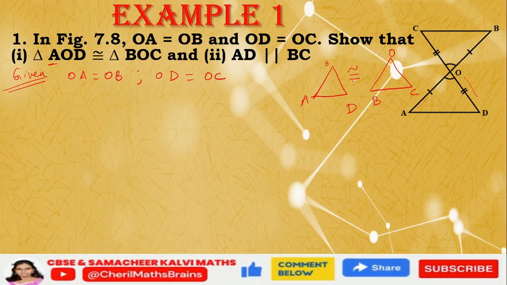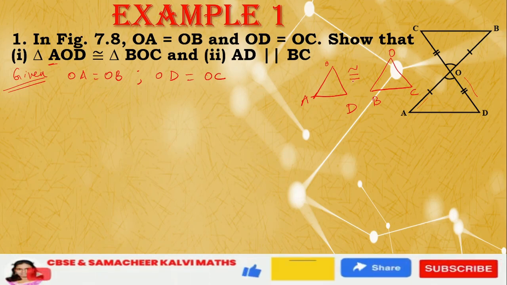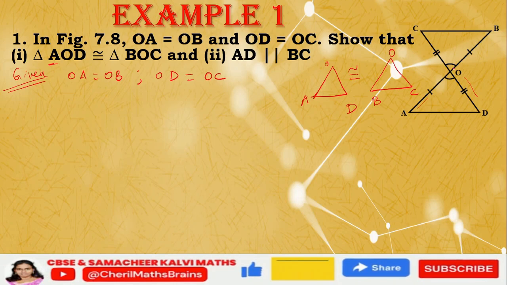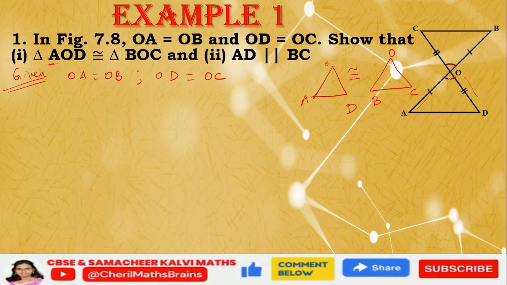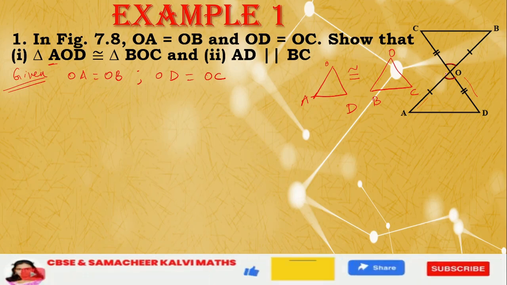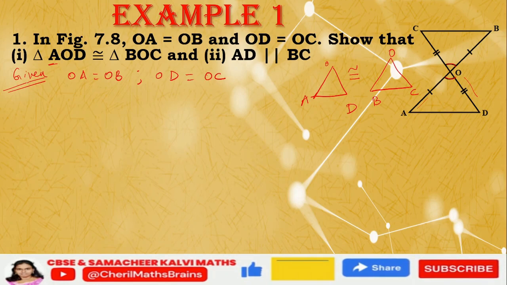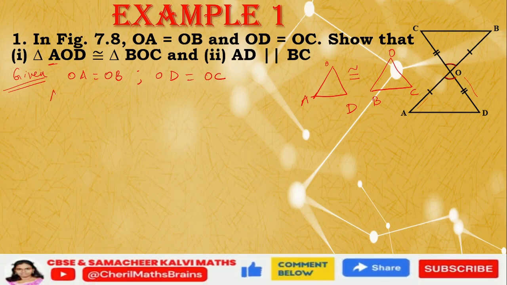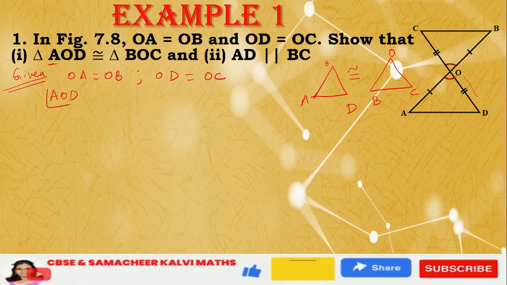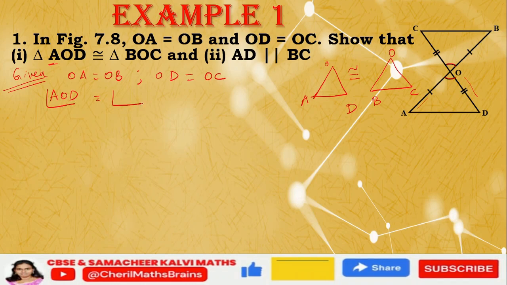In this case you can also say that, you have the angle O here, so these two angles are vertically opposite angles, isn't it children? So we can say that angle AOD is equal to angle BOC.